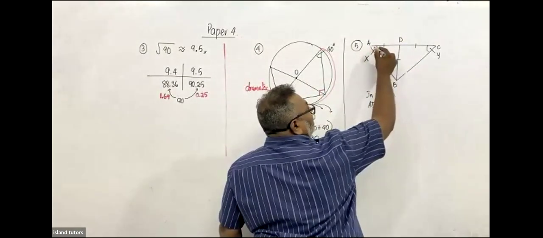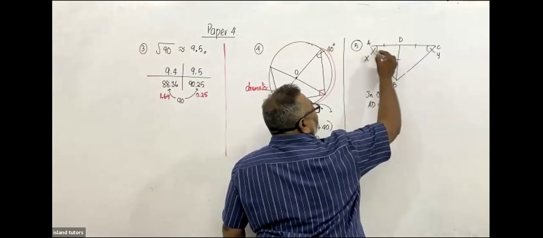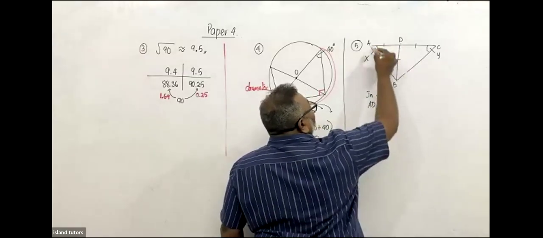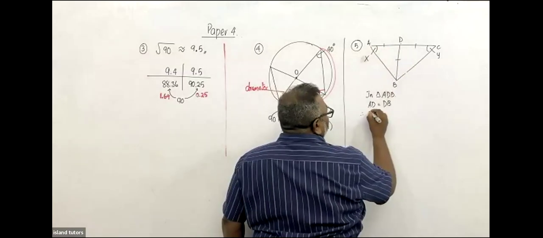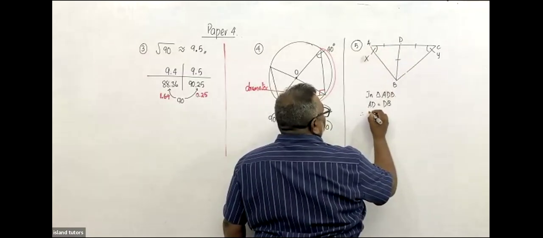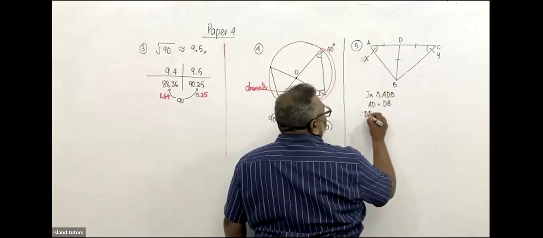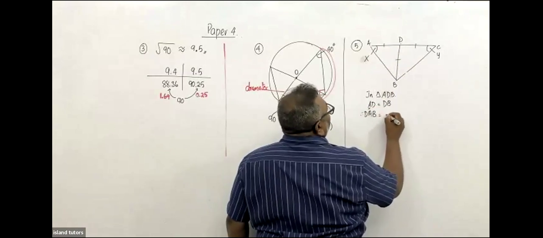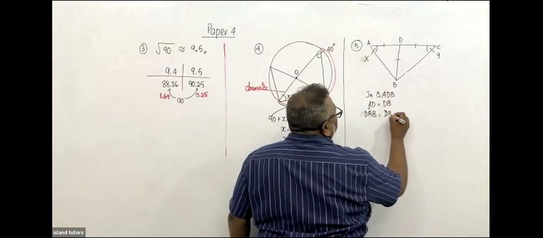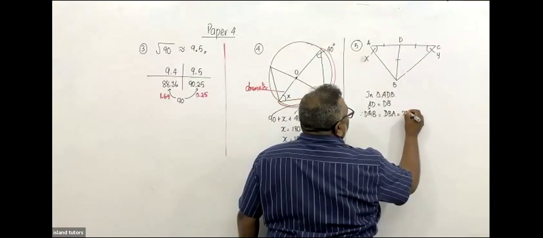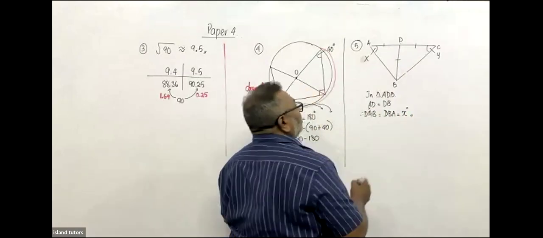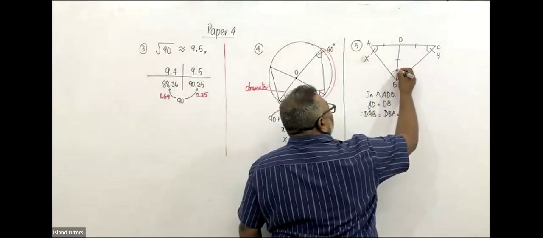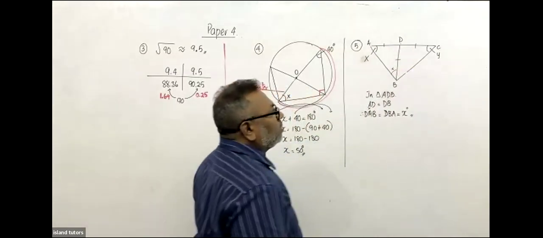ADB is an isosceles triangle. Therefore, DAB angle is equal to DBA angle, which is equal to x. So this also is going to be x.